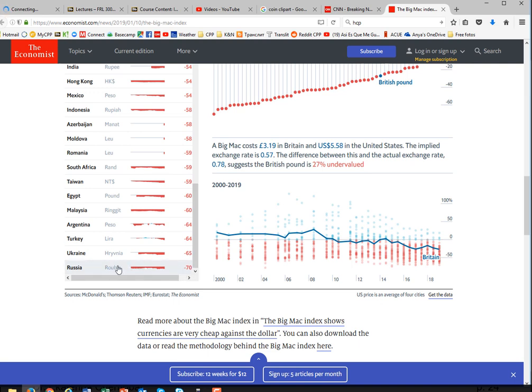So in Russian currency, in rubles, you'll be paying 70% less to buy a Big Mac than how much technically you should be paying if it's priced fairly. So welcome to my home country. That's the country with the cheapest Big Macs. Or you can go to Ukraine, which is right next door. Turkey is the third cheapest country to eat delicious Big Macs.